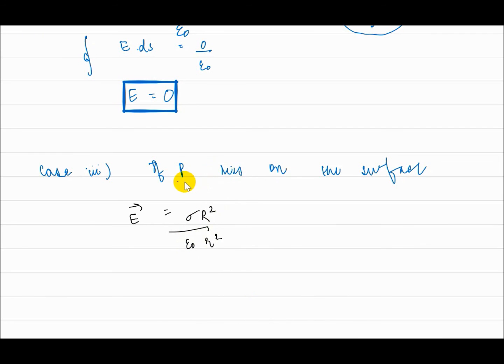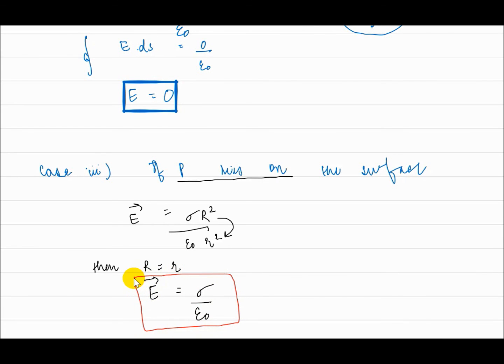And if P lies on the surface, so capital R is equals to small r, then the electric field becomes sigma upon epsilon naught when P lies on the surface of the hollow sphere.